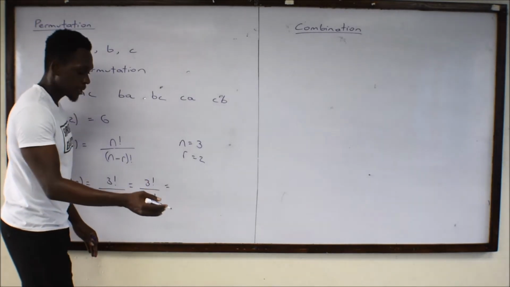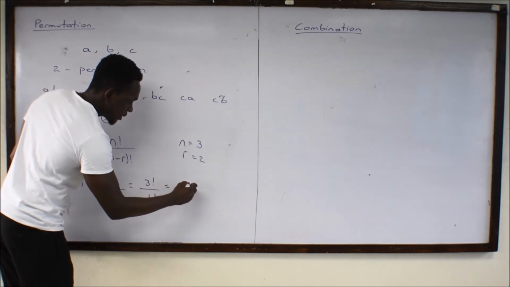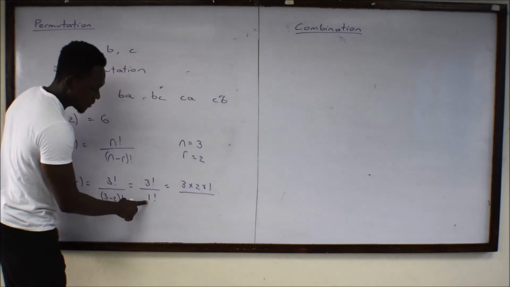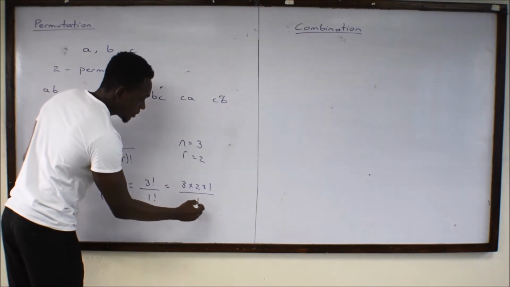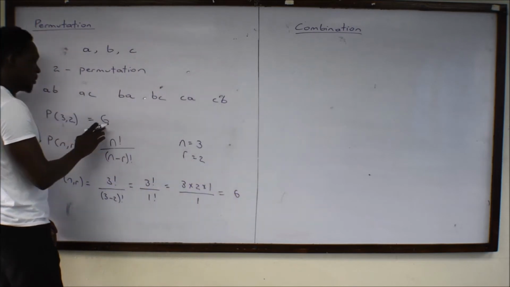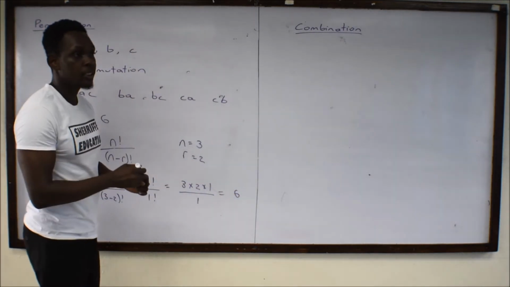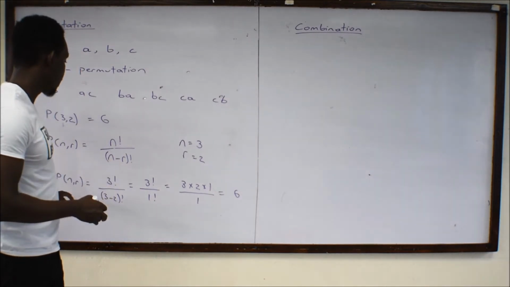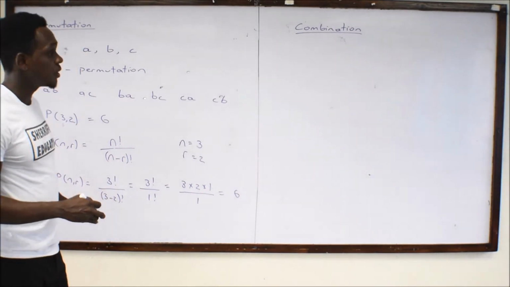Remember, 3 factorial is 3 times 2 times 1, divided by 1 factorial, which is 1. So that's just 6, which is what we got. This is how we calculate the r permutations.